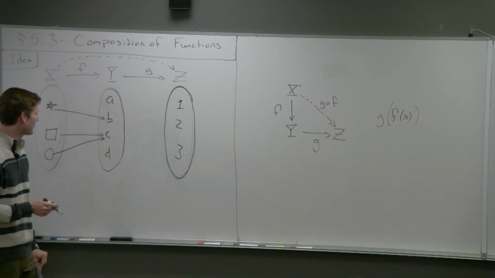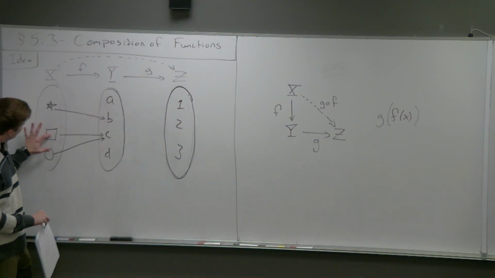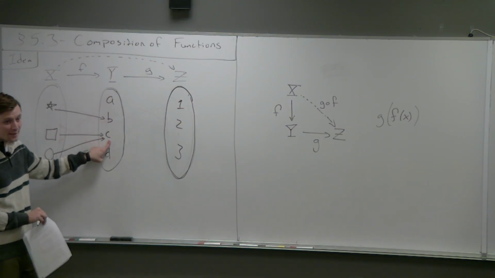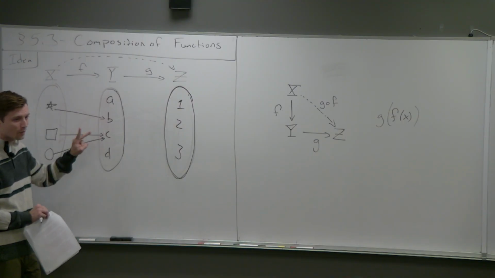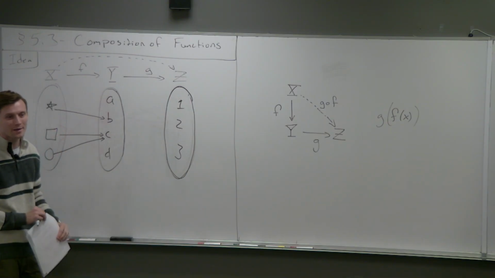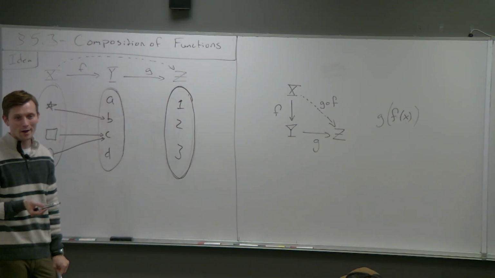Someone said yeah, but then we thought about it and said maybe not. Namely, square and circle are both getting sent to C, right? Now, there's no function way to send C to 2 different things, right? That is, I can only have one arrow coming out of C if this is going to be a function.